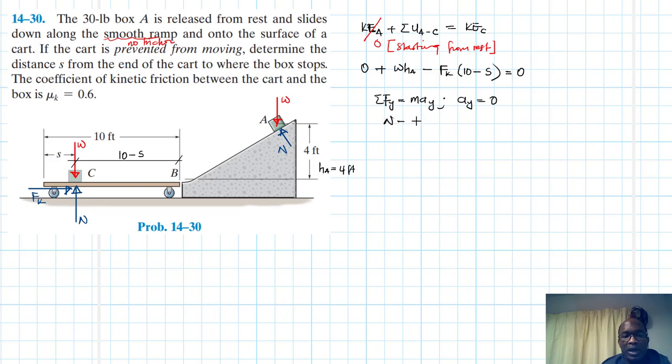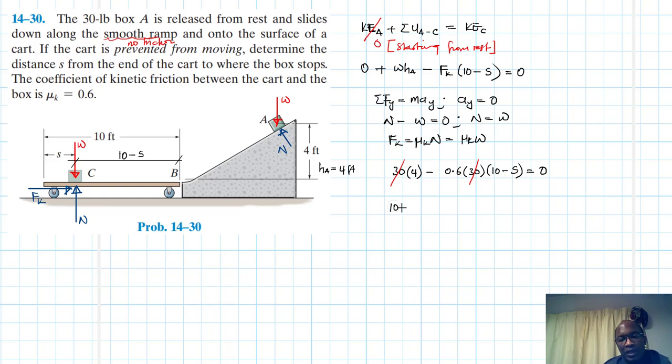Therefore N minus W is equal to 0, and N is equal to W. Therefore Fk, which is equal to mu_k times N, is equal to mu_k times W. So our W is 30 times hA, which is 4, minus Fk, which is 0.6 times W, which is 30, times 10 minus s, equals 0. This and this can go.